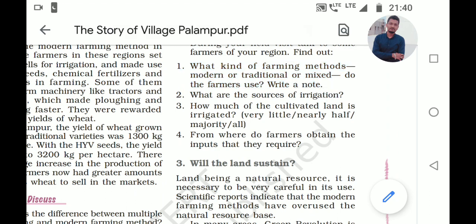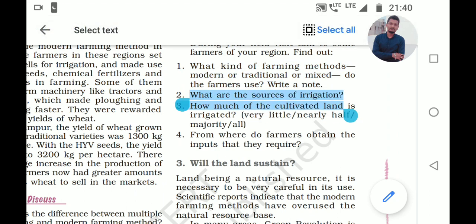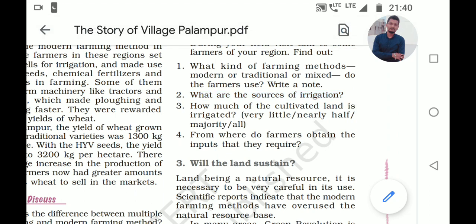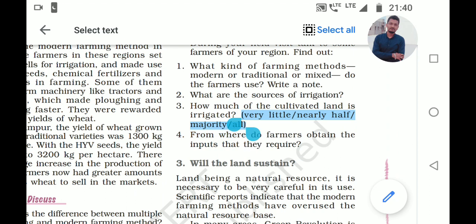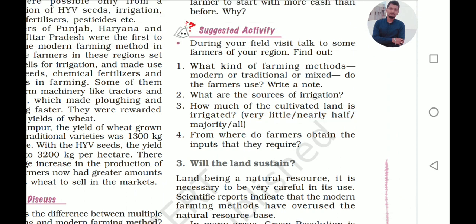Now what are the sources of irrigation? That is the second question. So canals, tube wells or pump sets, and dams, these are the different sources. Okay, how much of the cultivated land is irrigated? We have seen different graphs and details. Already we discussed that the last option will be the answer, that all the cultivated land is irrigated.